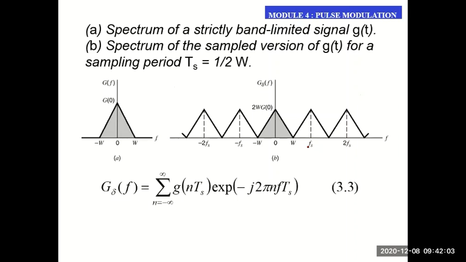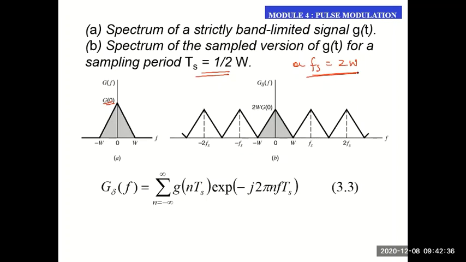Now, how do we write the spectrum of this strictly band limited signal? It looks something like this. I showed you in the previous slide also. If this is g of f and this represents the function at 0, g of 0, then at every fs, it will be repeating. We saw this. Here we have considered Ts as 1 by 2W or Fs equal to 2W.